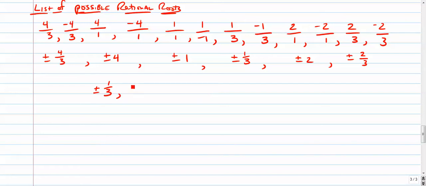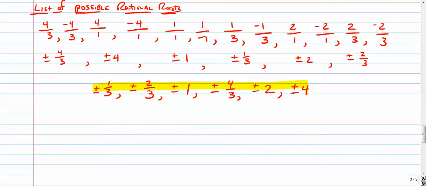Next up, 2/3. Next up would be 1, and then 4 over 3, and then 2, and then 4. So that is our list of possible rational roots. All right, cool.